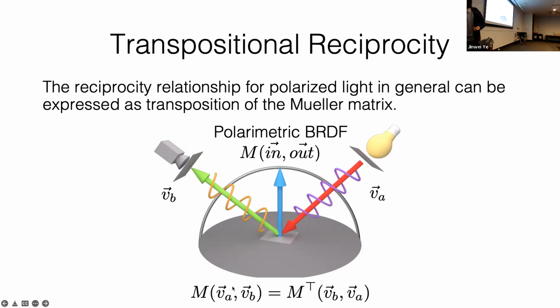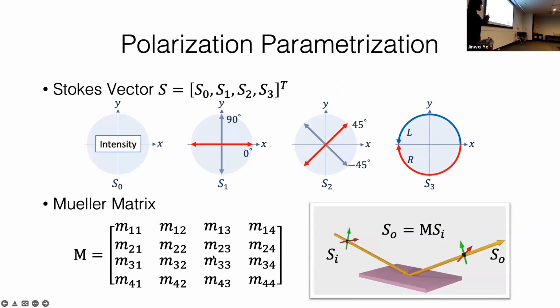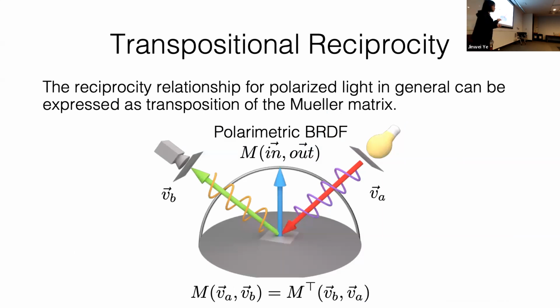I think there's some misunderstanding: VA and VB are not directly in the matrix. It's just an indicator that shows which way the light path goes, and you multiply the corresponding matrix. So this M matrix from VA to VB transforms the Stokes vector that comes from the light source, which is still the same, to the camera.